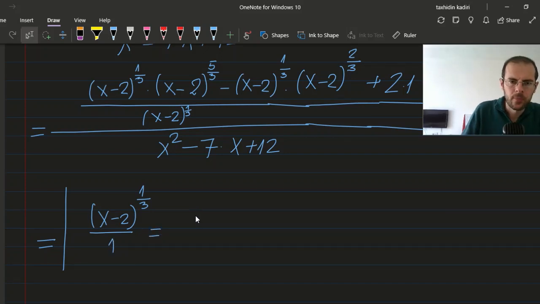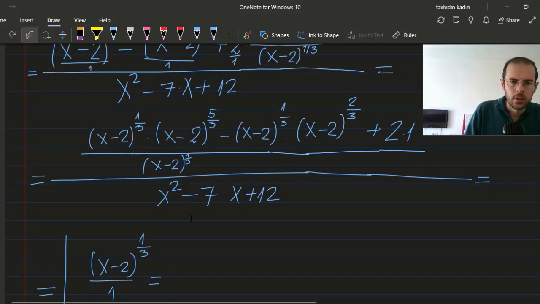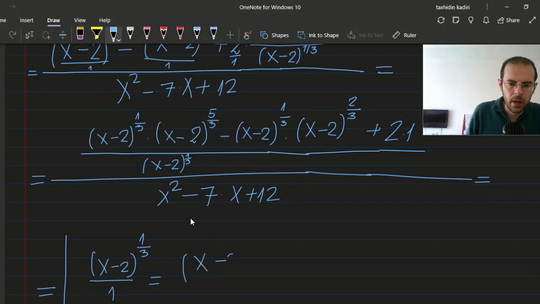Listen. Here I have said that x minus 2, this base to the power of 1/3, this whole expression divided by 1, is all this (x minus 2) to the power 1/3.